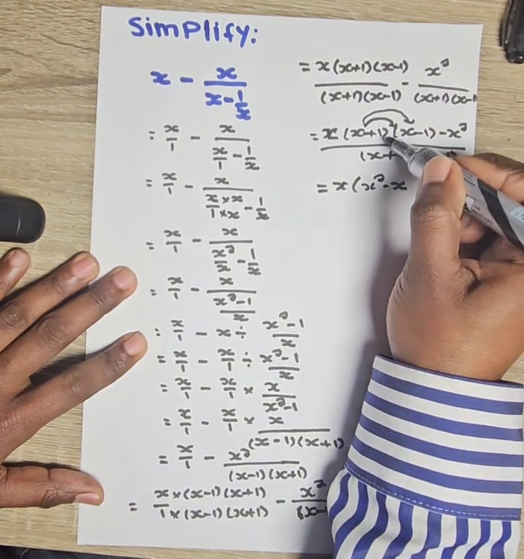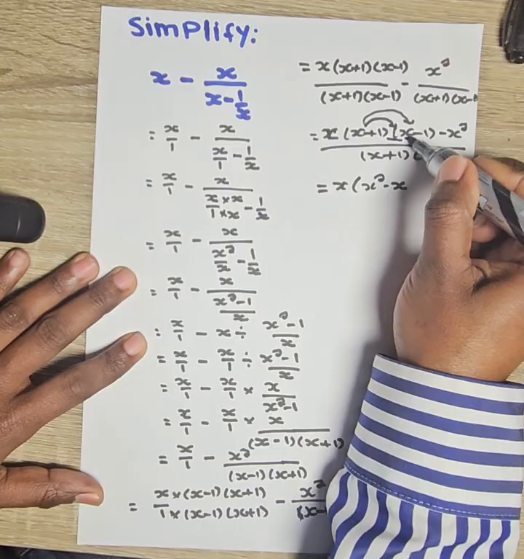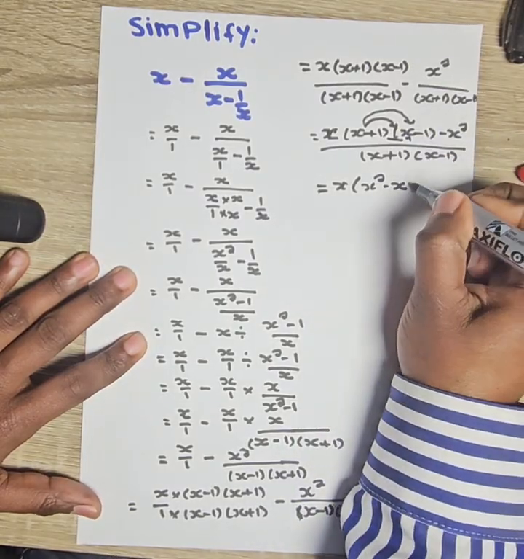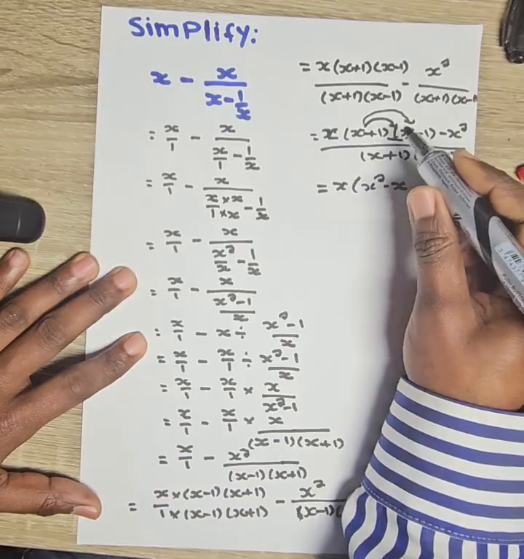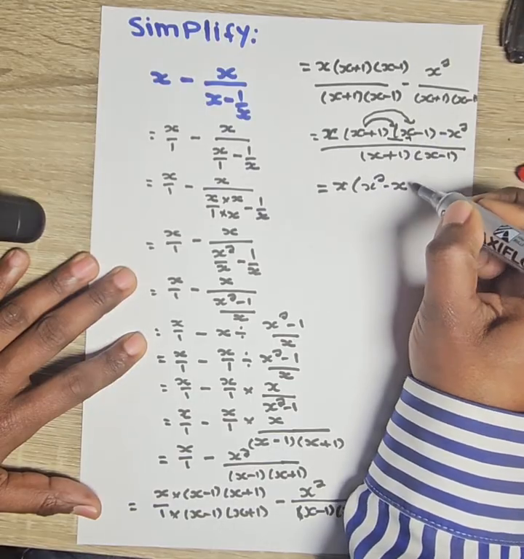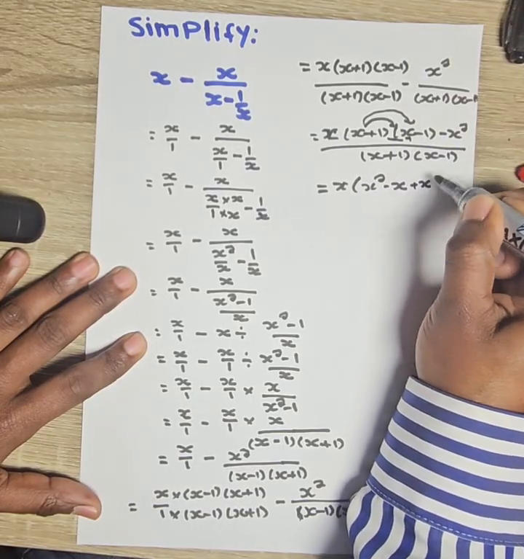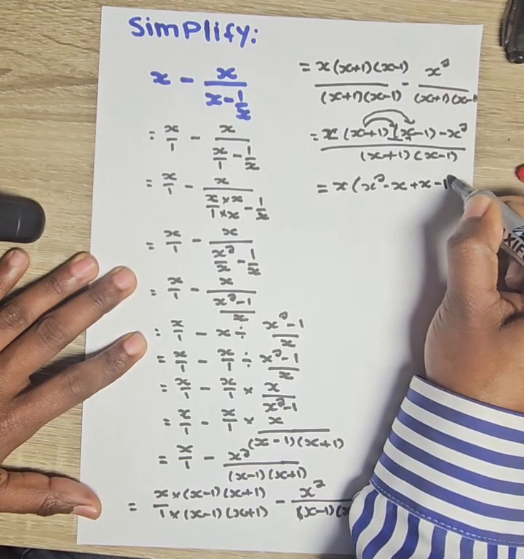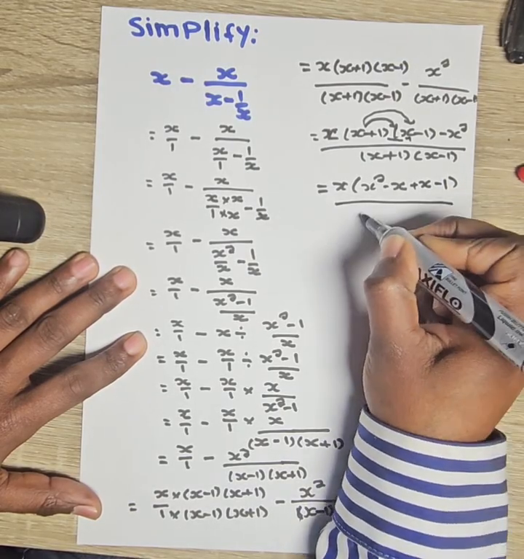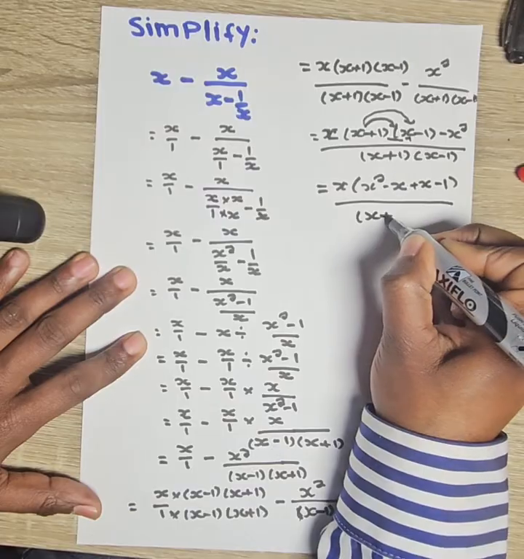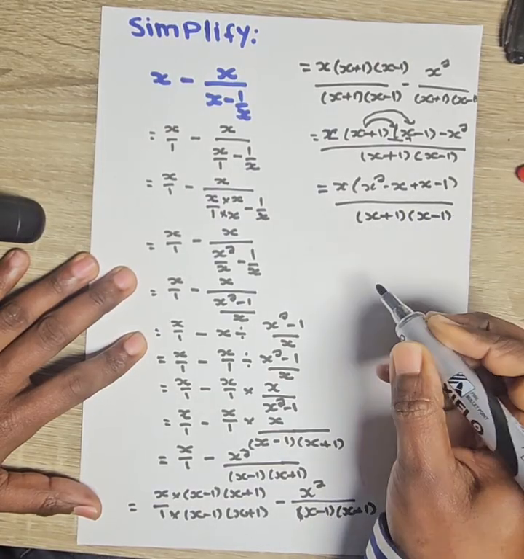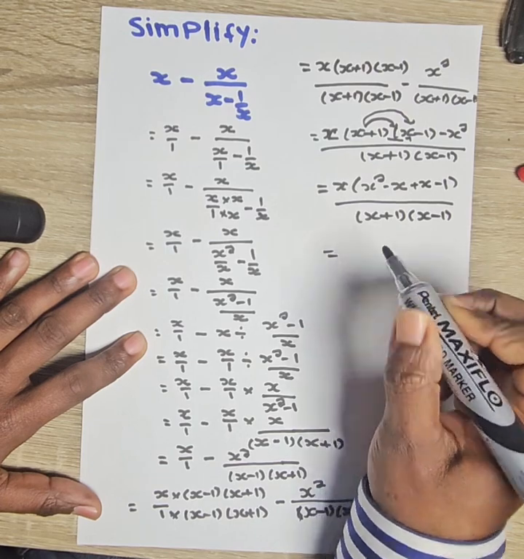Now, the plus 1 must be multiplied by both terms inside the second bracket. Minus 1 times x plus 1 times x will give plus x. Plus 1 times minus 1 gives me minus 1.